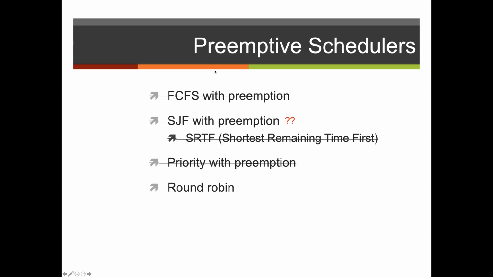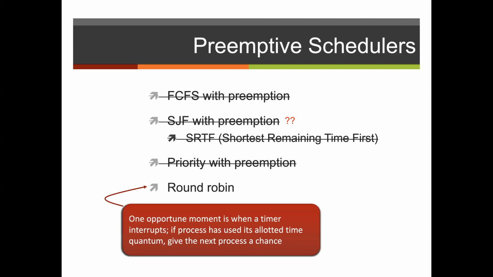And so another consideration for preemptive schedulers is round robin. With a round robin scheduler, we consider an opportune moment is when a timer interrupts. If the process has used its allocated time, then we give the next process a chance.